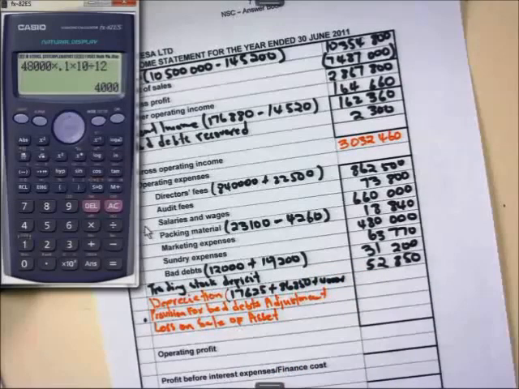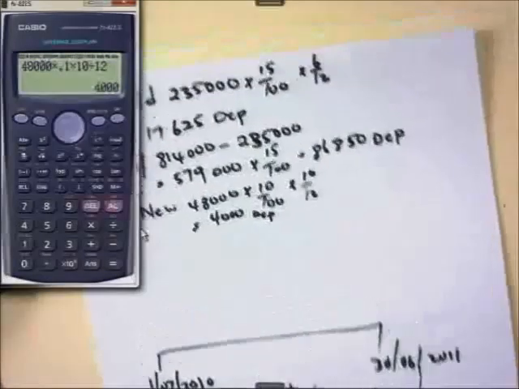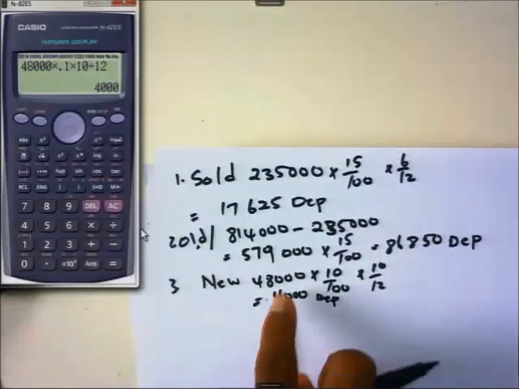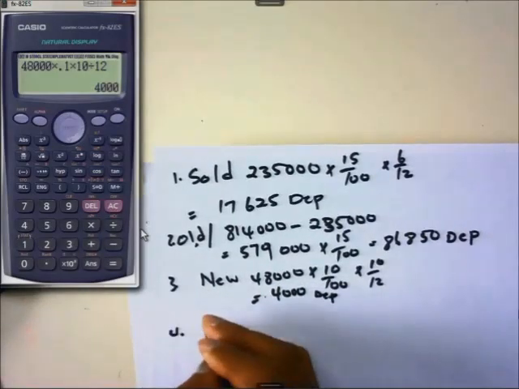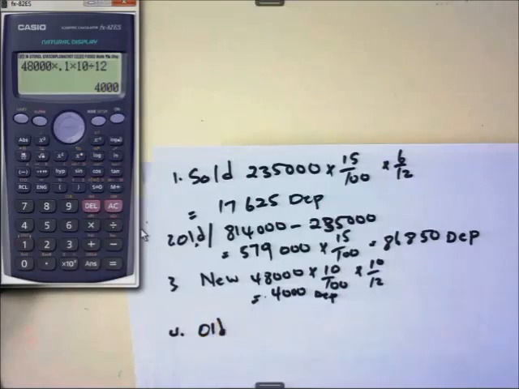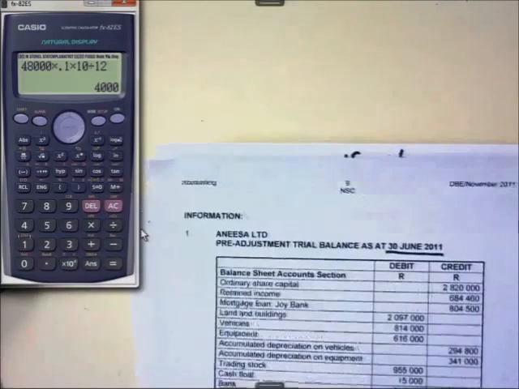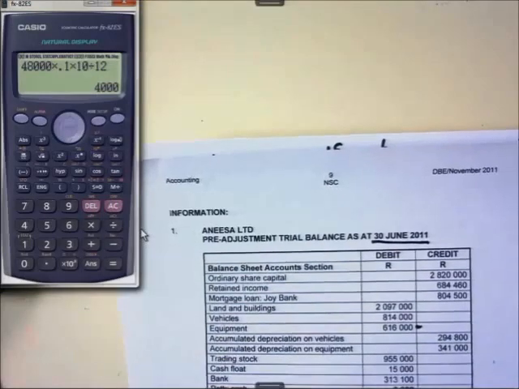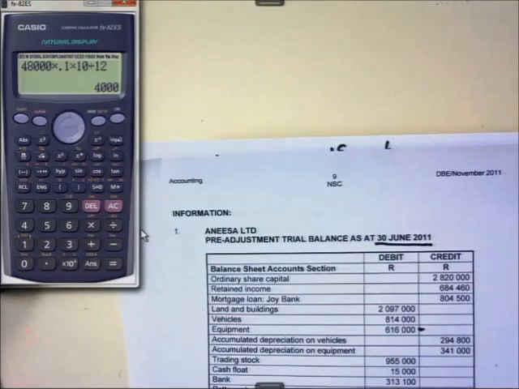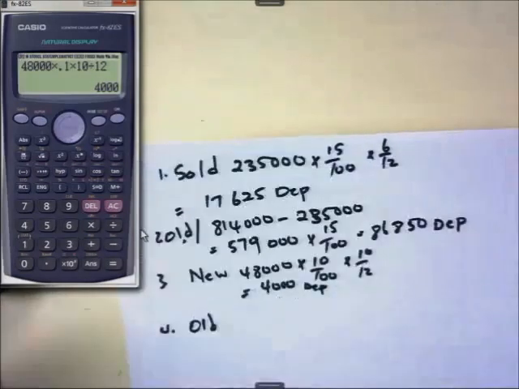So we are left with the old equipment. Remember, this one is new, and that is not the only equipment that we have in the business. We have the old ones. If you refer to your trial balance, equipment is 616,000. So we must first check whether the new one was recorded or not.